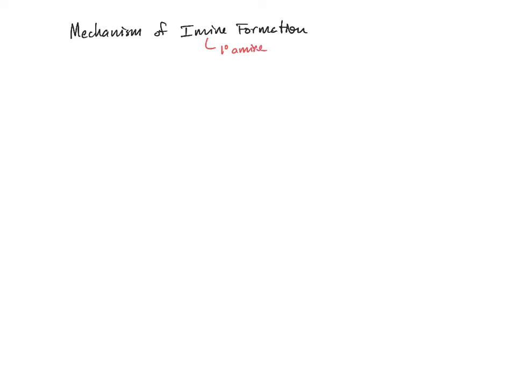And so for an example, let's look at this aldehyde. Again, you can form an imine from an aldehyde or a ketone, but you have to have a primary amine. So we'll use cyclopentane carbaldehyde, and then let's go ahead and condense that with methylamine. That's a primary amine.